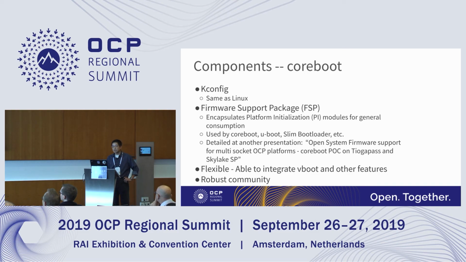In the initial stage of coreboot, it calls the FSP to initialize the silicon and to set up memory, things like that. So we just use the FSP binary and the FSP headers provided by Intel. The same FSP binary is used by other bootloaders such as U-Boot, like Slim Bootloader.